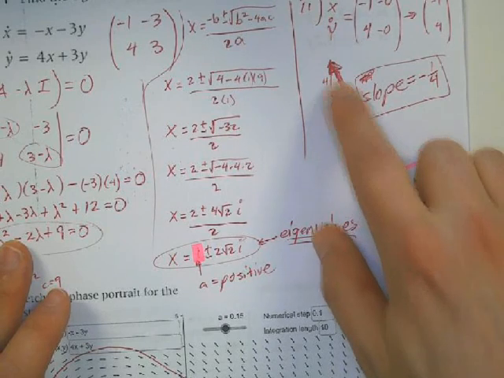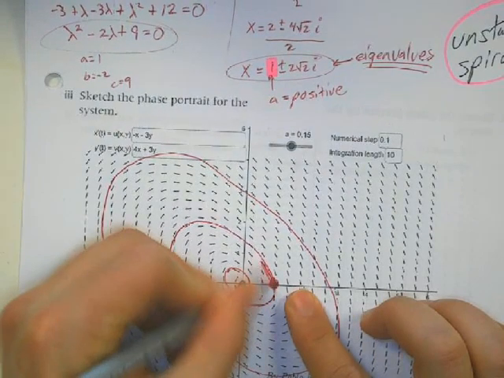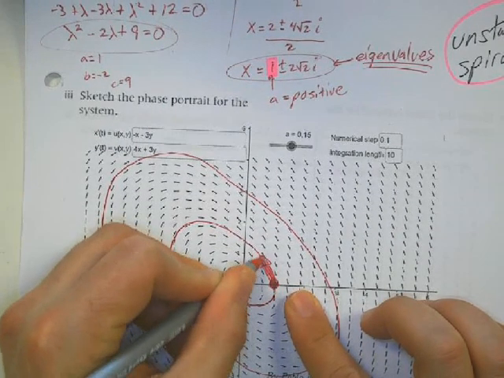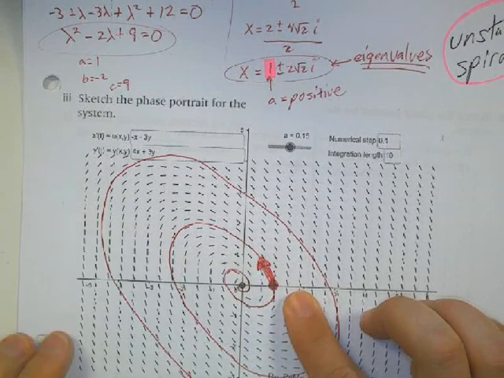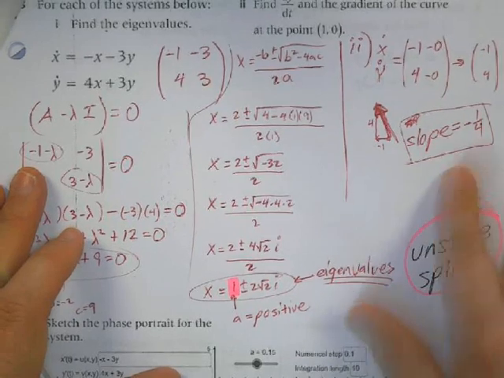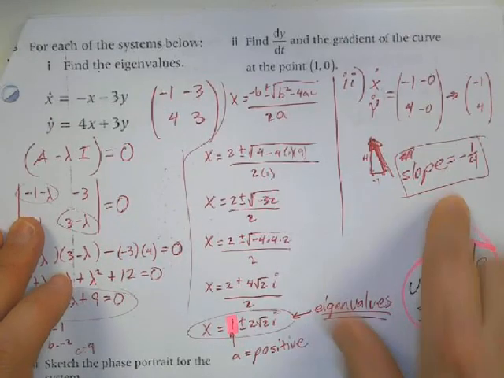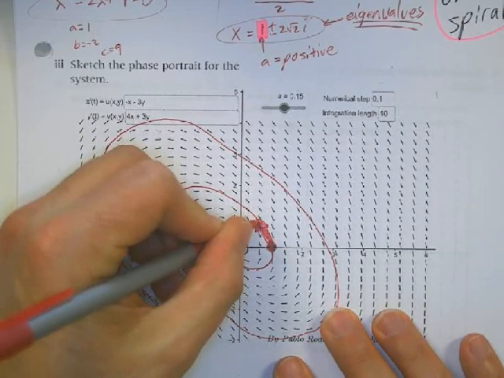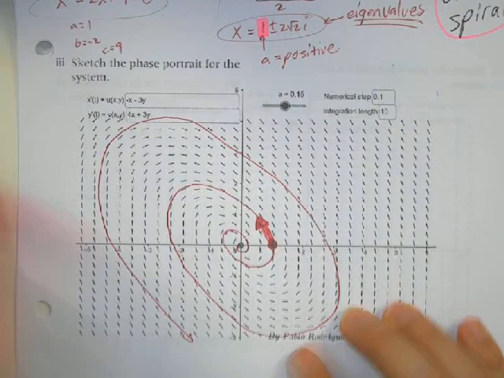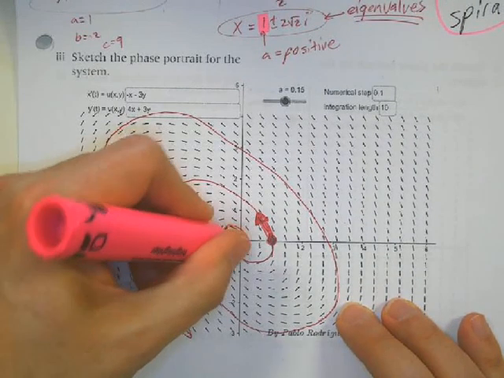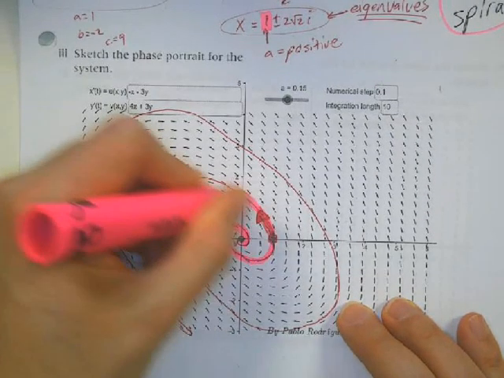So I'm going this direction. So from this dot, I'm going this direction, aren't I? So that helps me. This slope derivative, this one example, is enough to tell me what direction I am going. Okay, so now that I know what direction I'm going, I can draw my arrows.